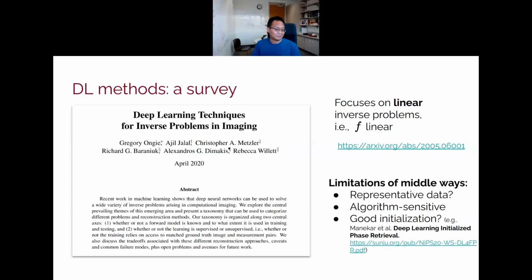And for algorithm unrolling or plug and play, another tricky thing is that people find it's not the case that you can play that with an arbitrary algorithm. They found, for one particular problem, maybe when they plug that kind of idea into projected gradient, it works. But when they plug that into another algorithm for the same problem, it doesn't quite work well. So it's actually sensitive to what algorithm you use.